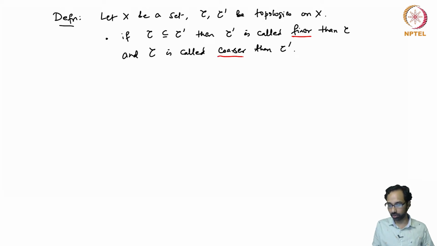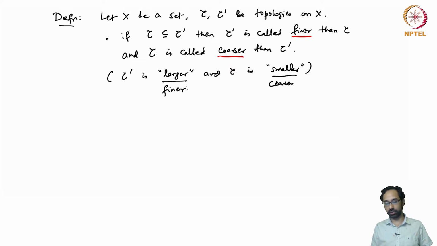Finer and coarser are the words that we shall use to determine which one is larger and which one is smaller. So tau prime here is larger and tau is smaller. The smaller one is coarser and the larger one is finer. We can use directly these words larger and smaller, but the terminology that's used in mathematics is finer and coarser.